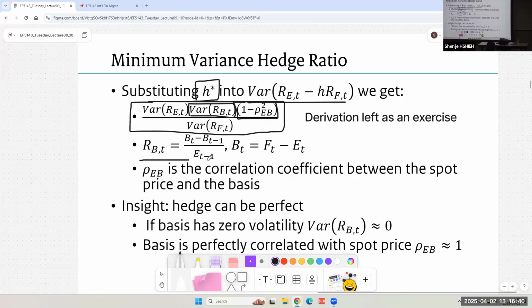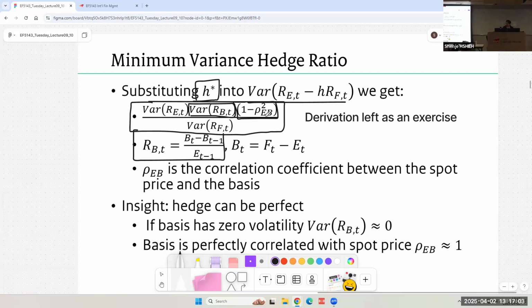So remember what the basis return is. This is it. What you are supposed to think about is, where can I find a return in which the variance is very close to zero? Because a zero numerator would mean that the entire variance goes to zero. So maybe I can find a variance of the basis return that's very close to zero.